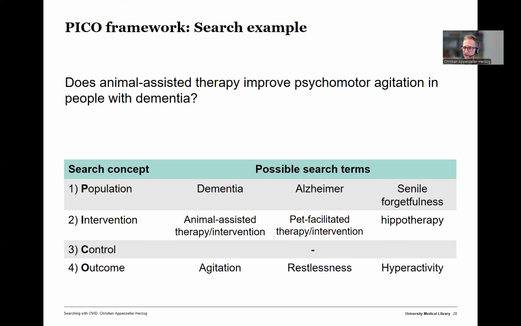Search for these with the text words. Maybe you have already searched with mesh terms, and then try to combine these searches for yourself. For this, I am giving you 10 minutes, and I will be back after these 10 minutes. Okay?